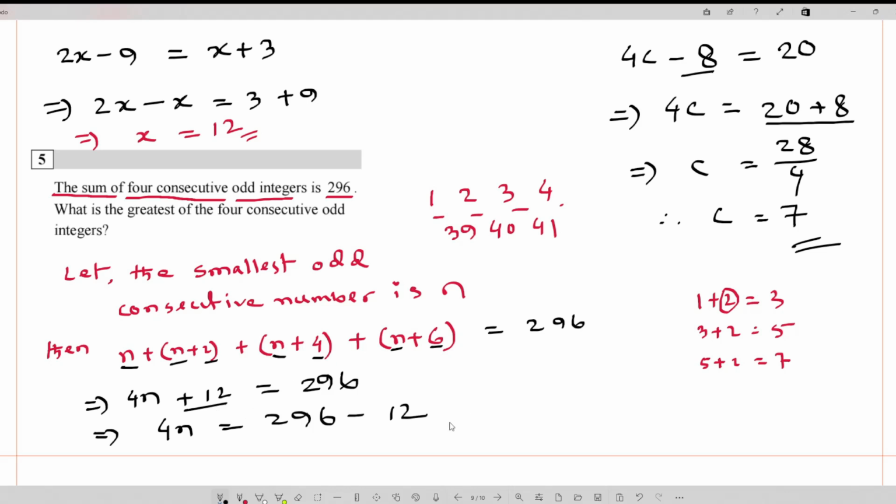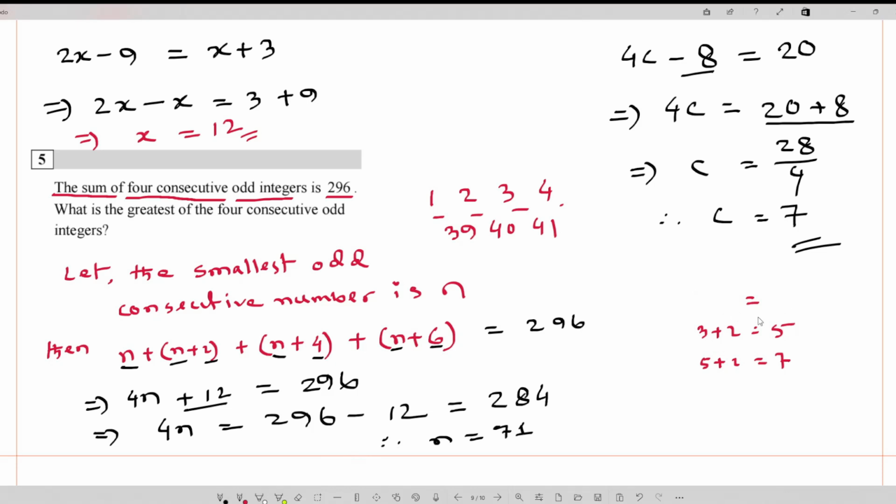This plus 12 becomes minus 12 on the right side. So 6 minus 2 is 4, 9 minus 1 is 8, and 2. So once we divide both sides by 4, n equals 71. So the smallest of the 4 consecutive odd numbers is 71.